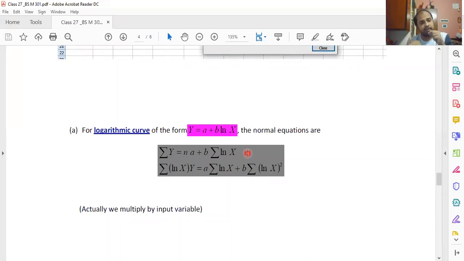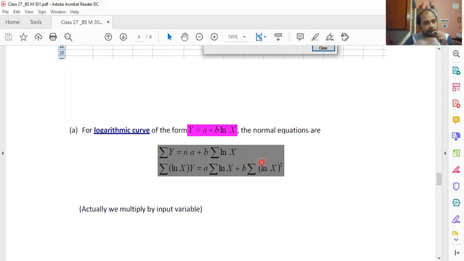Actually, we multiply by the input variable. And here, you can easily see that the input variable is log x. So we shall multiply both sides by log x. So we get log x y equals a into log x plus b into log x squared. Then we take the summation. Thus we get the two normal equations.